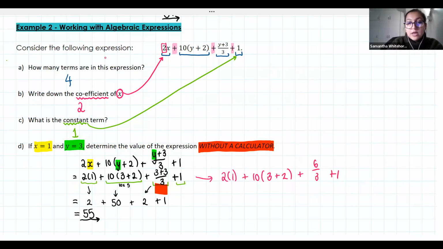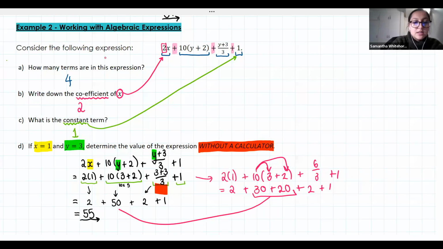The only other way you could deal with the second term is to distribute. So you would have 2 plus 30 plus 20 plus 2 plus 1. But that 30 and that 20 still gives you the 50. So just be careful. The operation between 10 and the bracket is a times.